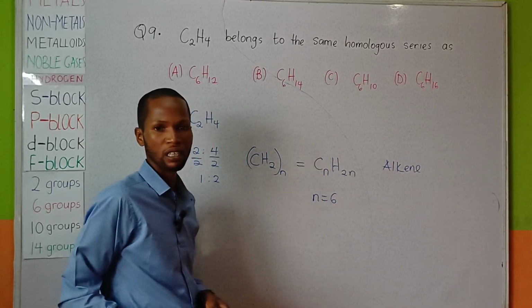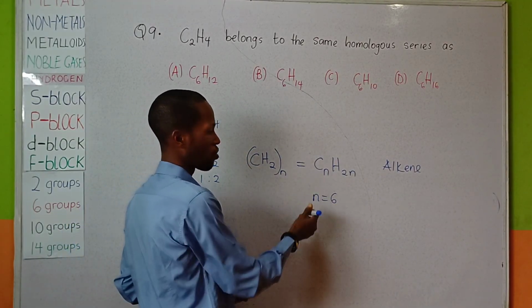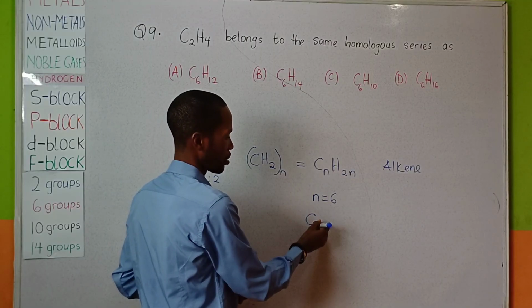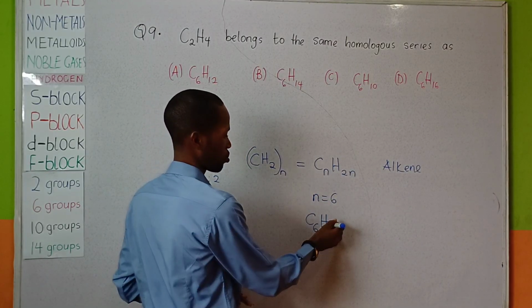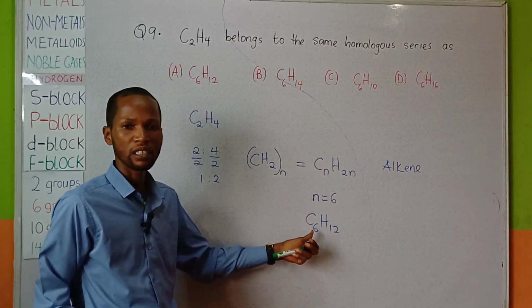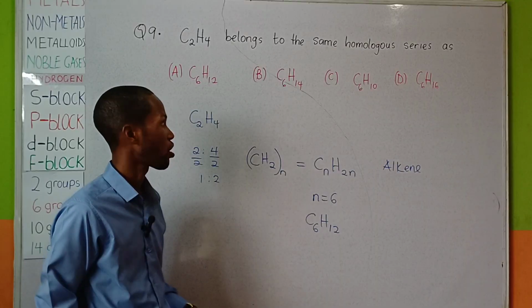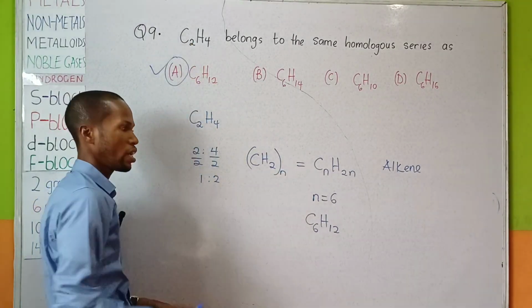Yes, N equals 6. So can we insert N into the general formula here? We have C6H2 times 6, 12. Okay, so the answer to this question is C6H12. Which option? That is option A.